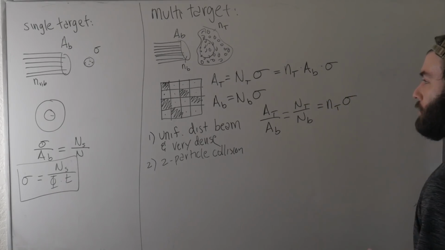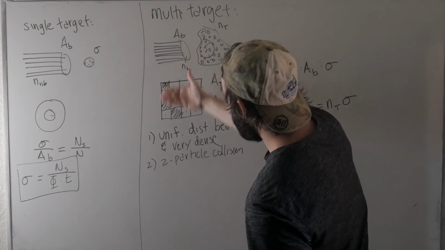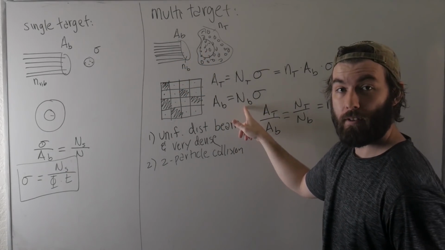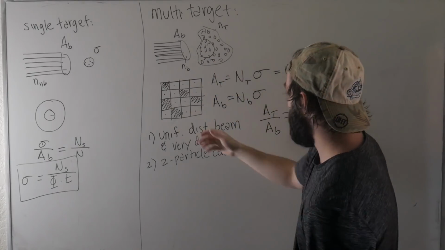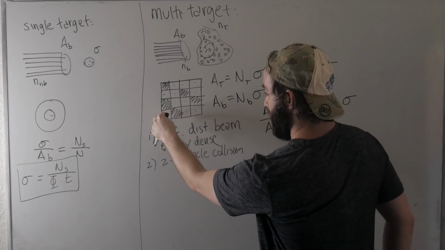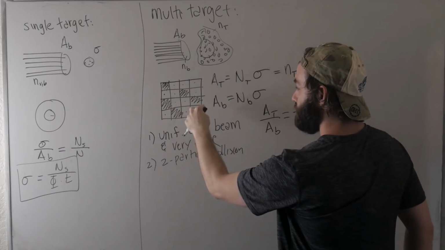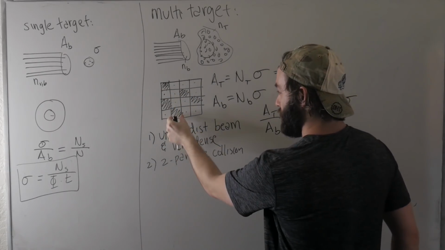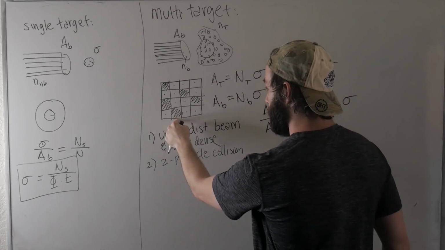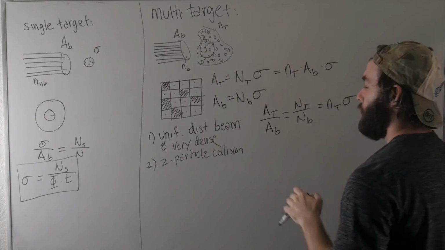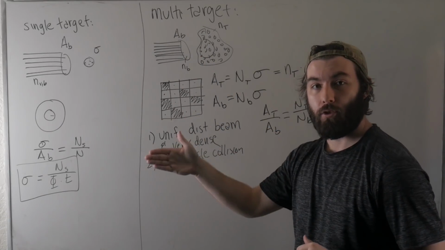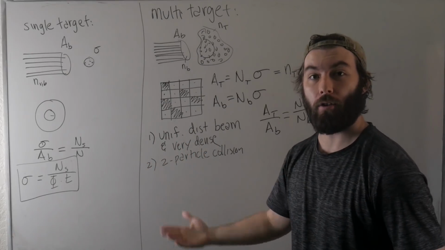Well, the way that we can do that is that at any slice in time, we will have exactly NB particles, okay? At any slice in time, we have NB particles, and in this surface area, if the square is in the way, it is going to be hit, right? A particle is going to be hit. So the number of targets at any slice in time should be equal to the number of scattering events.